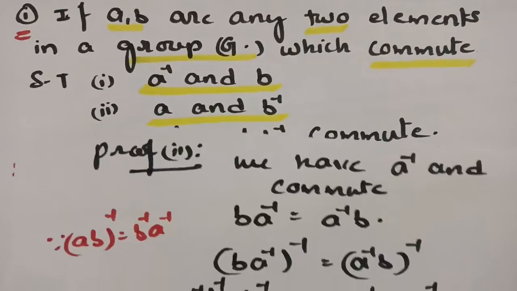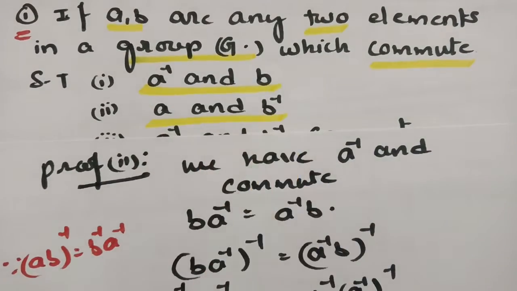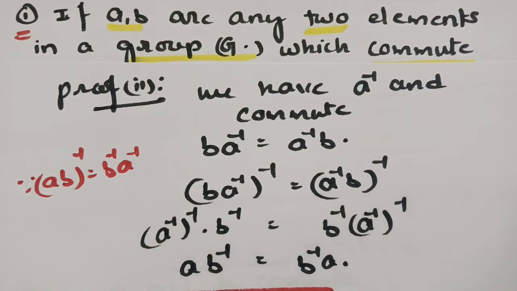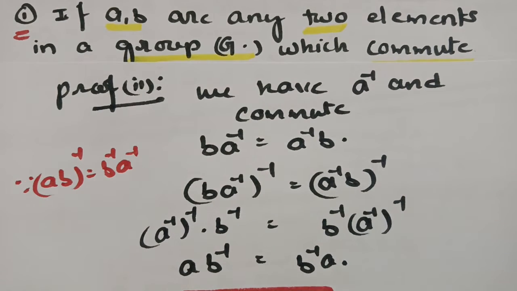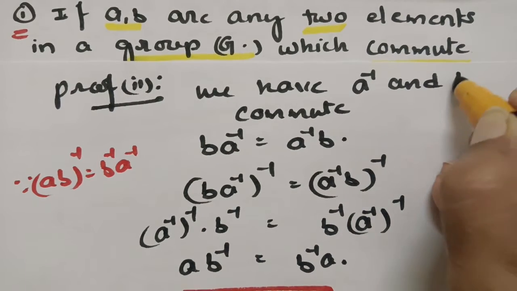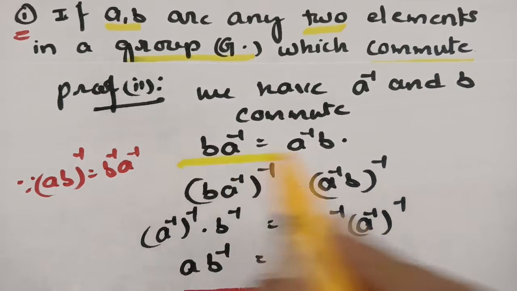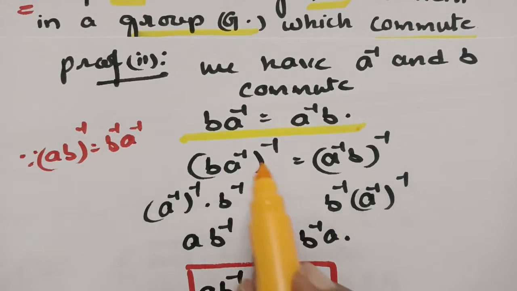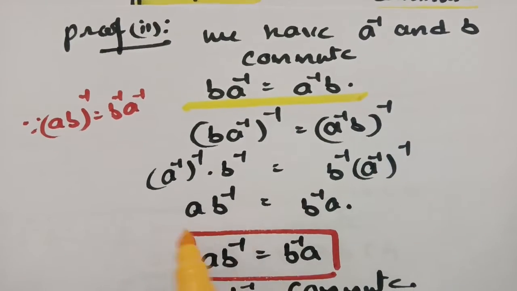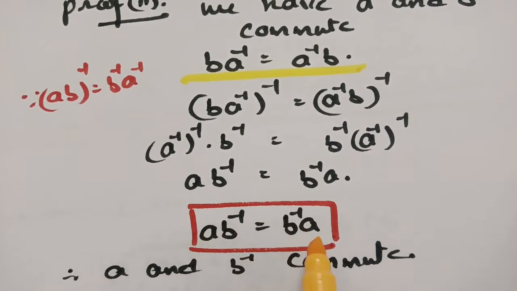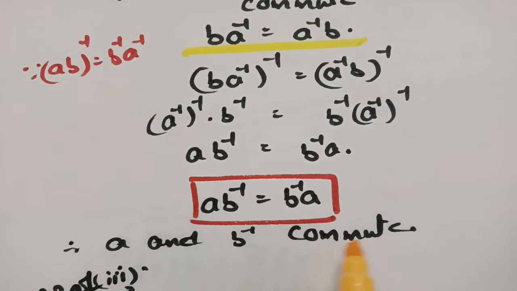And the next thing is we have to show A and B inverse commute. From proof 2, I have taken A inverse and B commute, and therefore we got A into B inverse. So A inverse B is equal to B A inverse, and after applying inverse on both sides, we got A B inverse is equal to B inverse A, so A and B inverse commute.